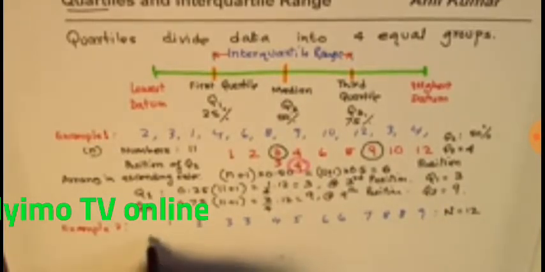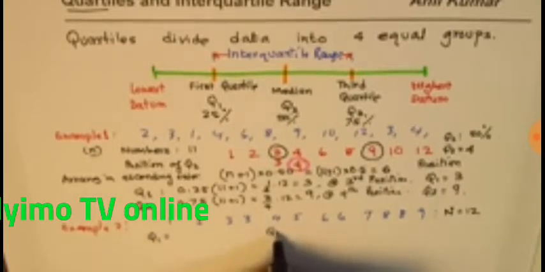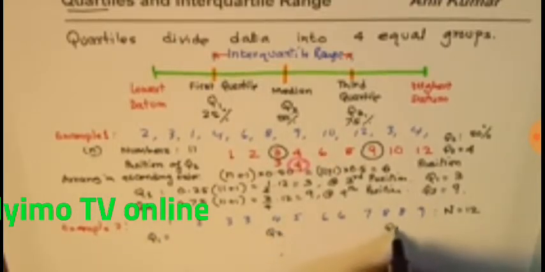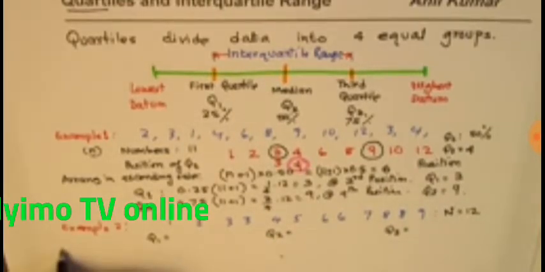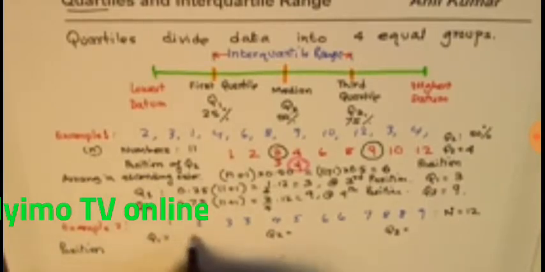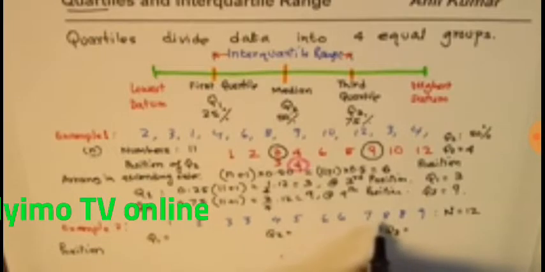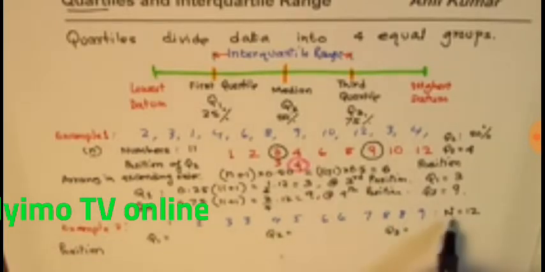We need to find what is Q1, what is Q2, and what is Q3. Can you tell me how? So first, of course, we need to find their position. Since the numbers are already written in increasing order, we can find the position using this number 12.